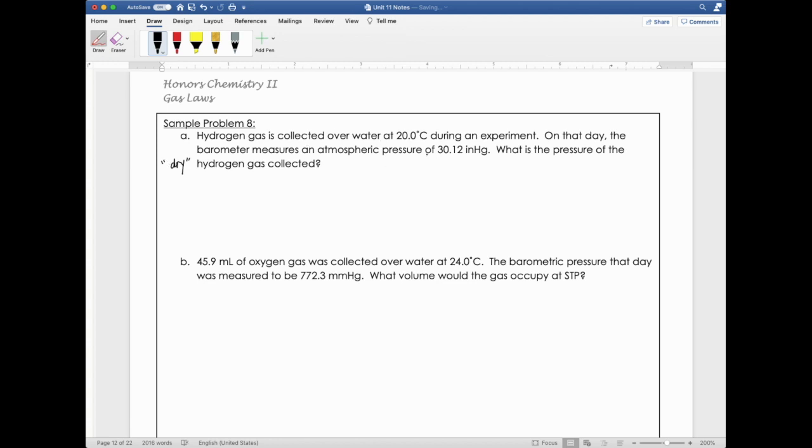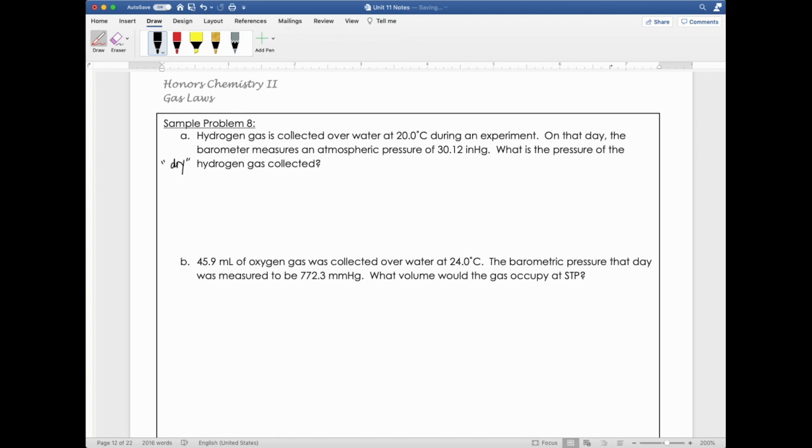This is an example of something you would find very readily in an experiment. You're going to do this in class quite a few times, not only in problems, but also in the couple of labs that I have. So let's go ahead and solve for this one. What is the pressure of the dry hydrogen gas collected?